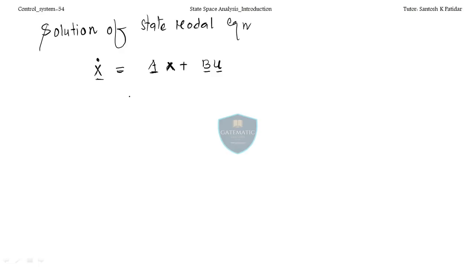Now you can solve it by the Laplace method. This is how you write the derivative in the Laplace domain: dx(t)/dt becomes sX(s) minus x(0), the initial conditions. I think you will agree with me.